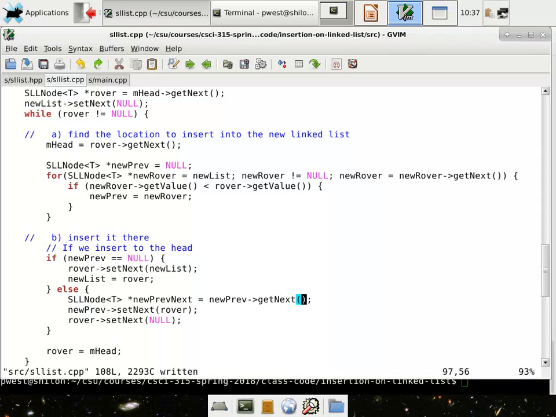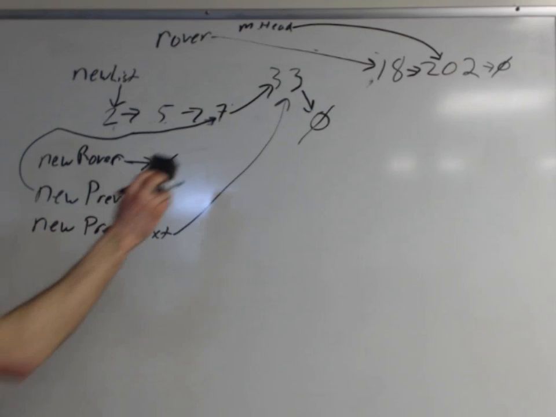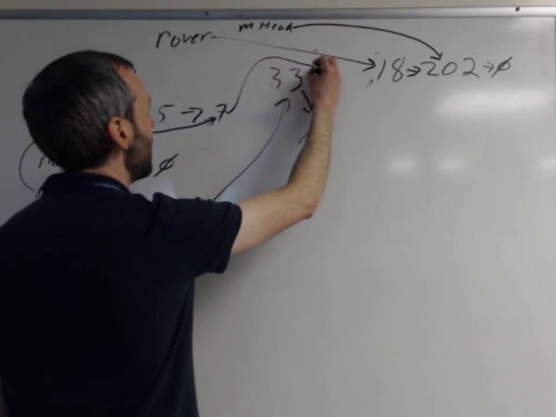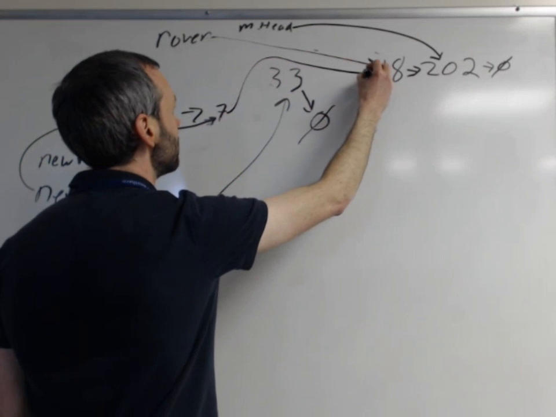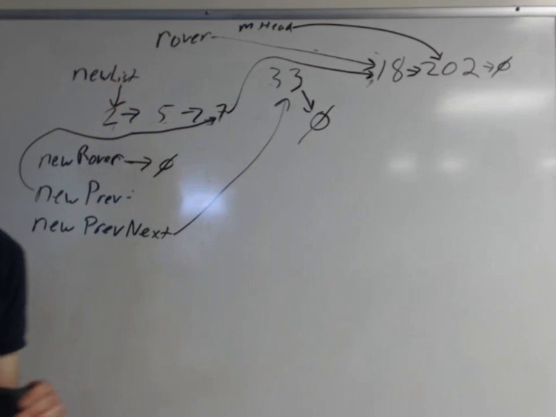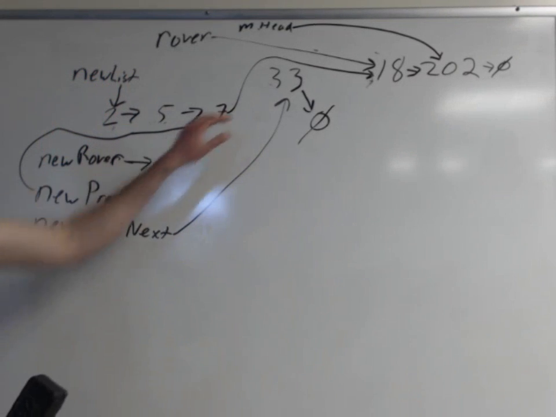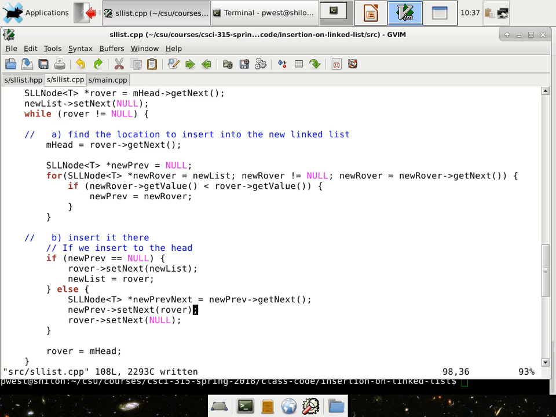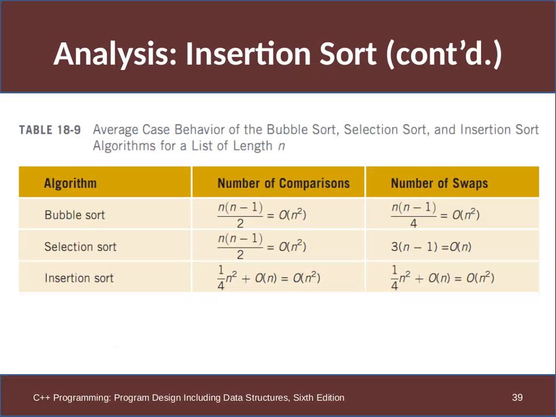Okay? So now what's happening? Now we've saved that location. We can now set the next to rover, which means that 7's next will go to the 18. And then we want 18's next to be what? Yeah, new prev next, right? So we actually don't want this to be null, because remember that's rover. We want it to be new prev next.